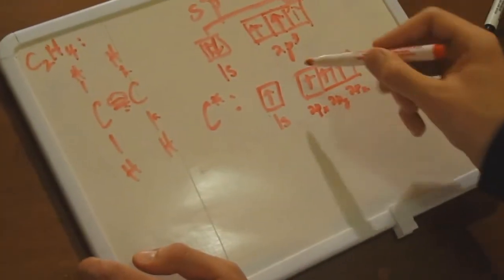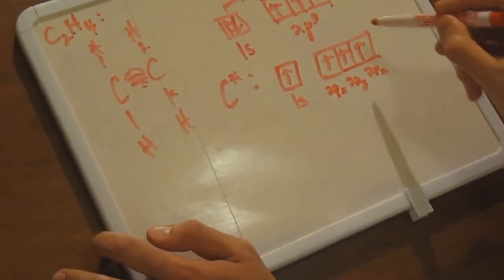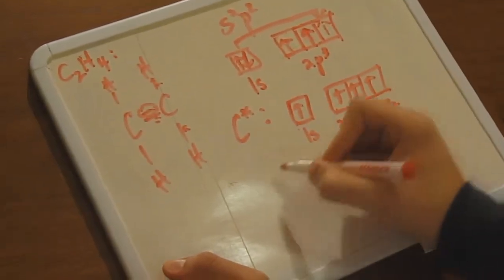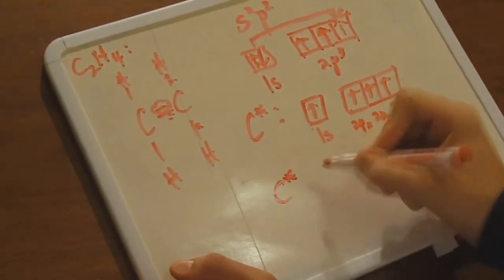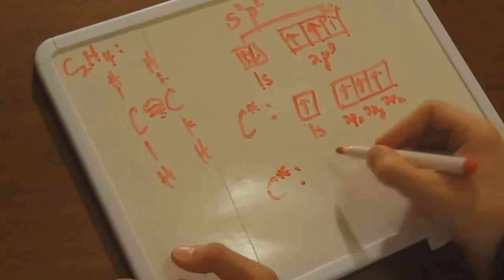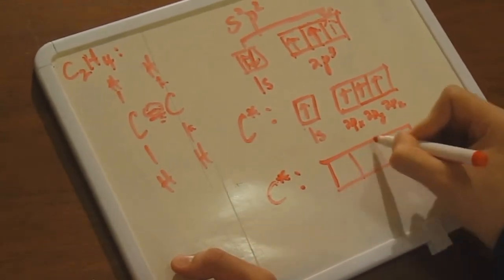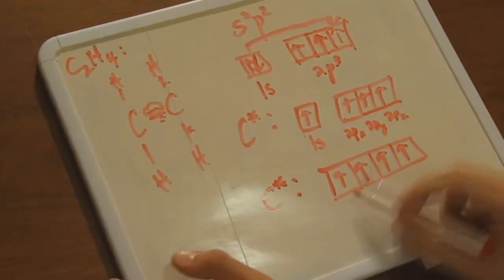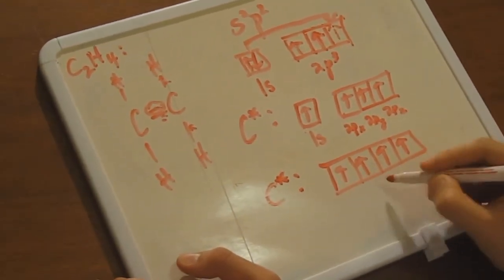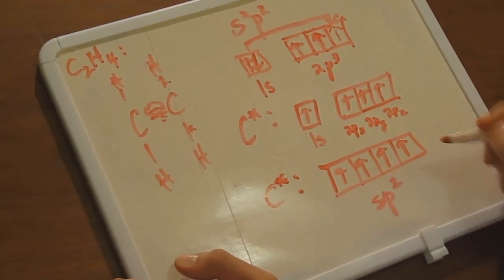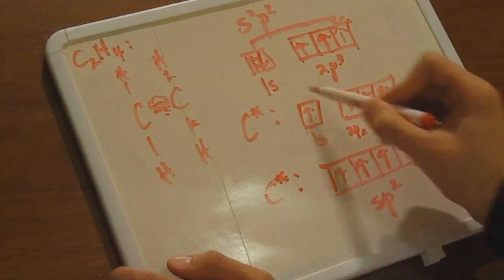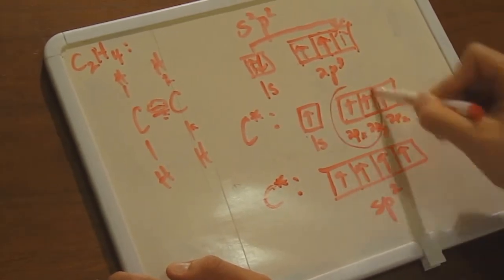Now that we've moved the electron over to the 2p orbital box, we can name the new C hybridized box. We combine them here, and we have a single electron in each box, and this will be called sp2 hybridized, because you have 1 S and 2 P's.